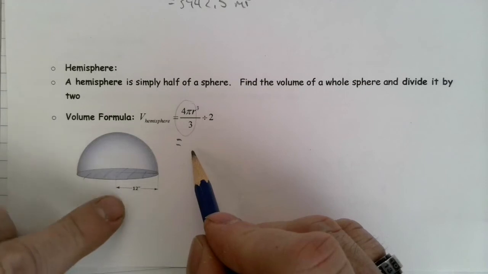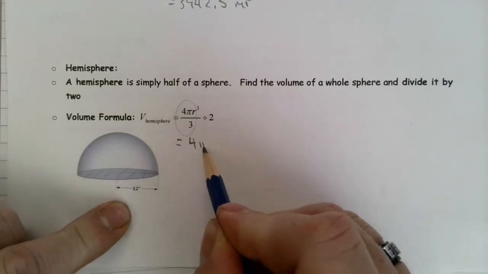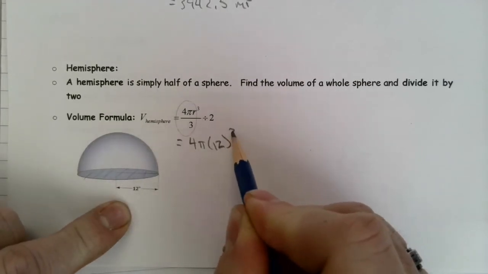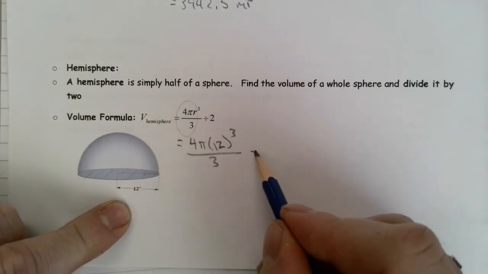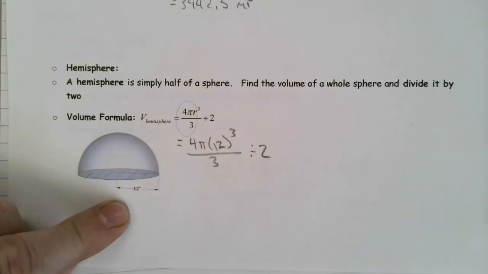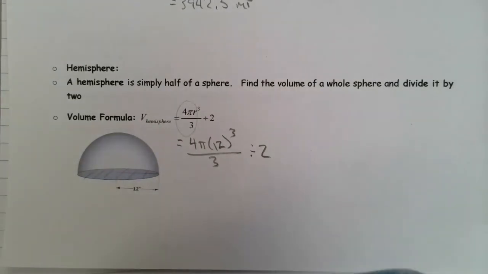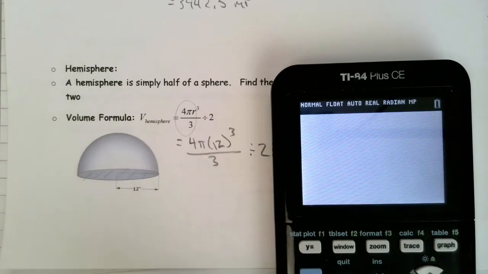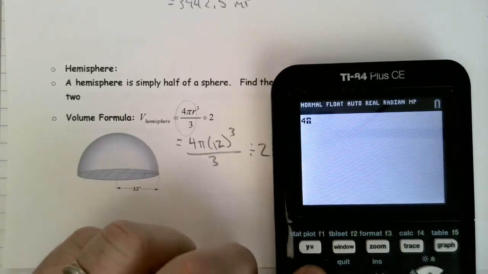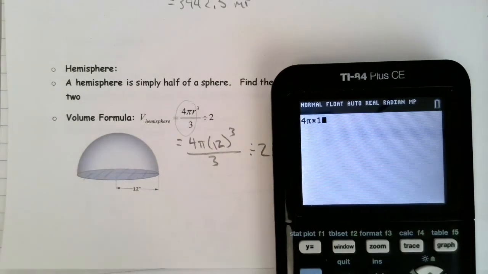So in this particular case here, it's 4 pi 12 cubed divided by 3, so there it is. And then we're just going to simply take that and divide that by 2. So pull out the calculator here, and this will be 4 times pi times 12 cubed divided by 3.